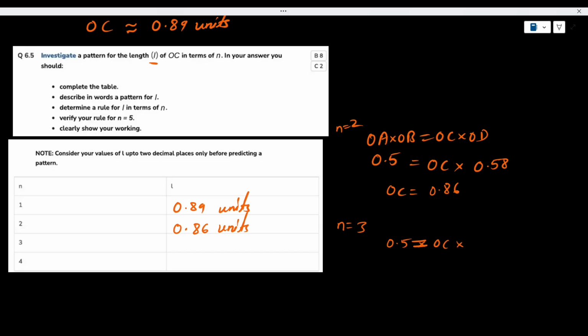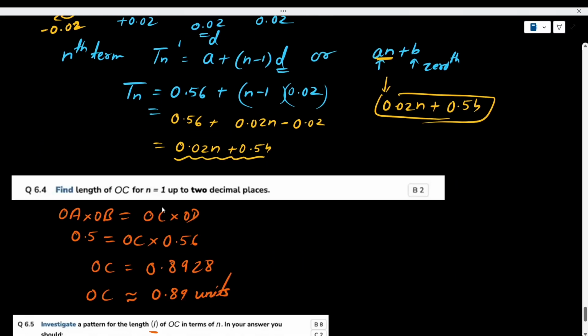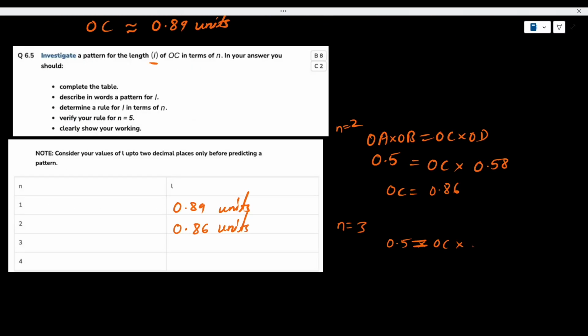OC length we need to calculate. And here you will see it is in increasing order, right? So it's 0.60. So OC will be 0.5 by 0.6. If you take it till two decimal places, you will get the answer as 0.83.